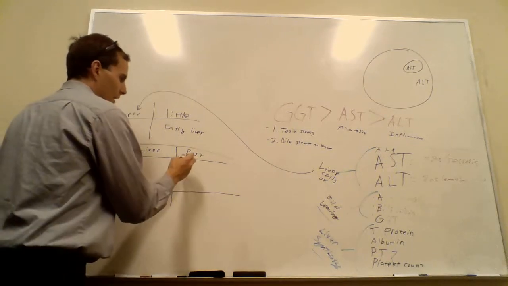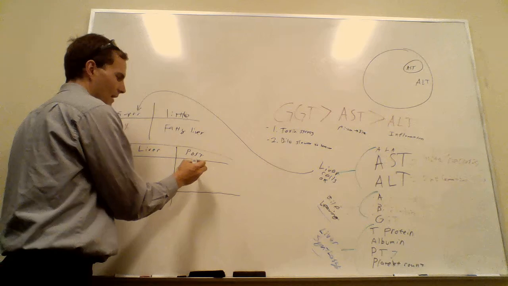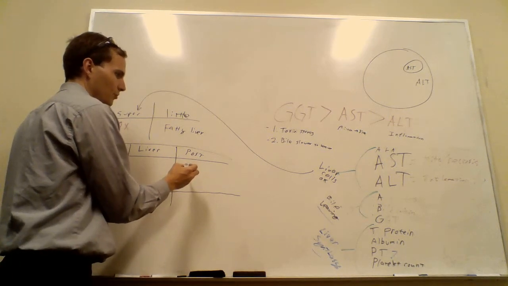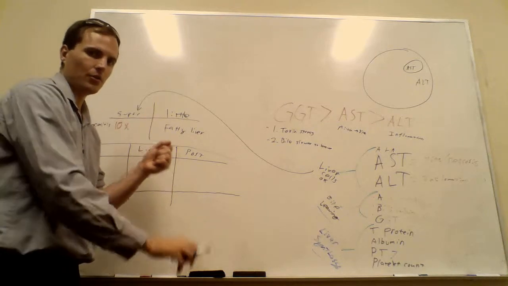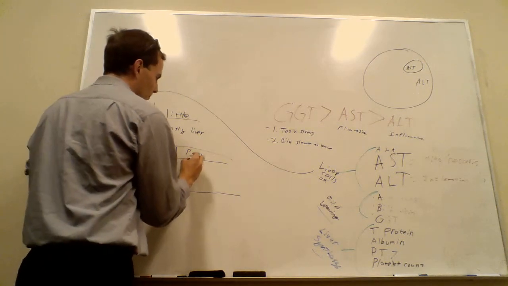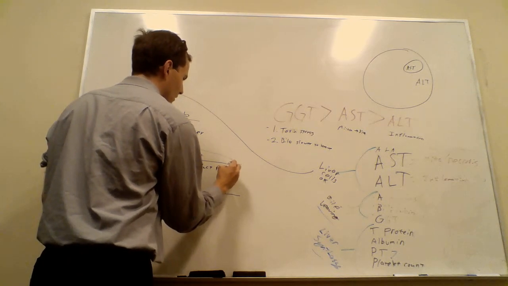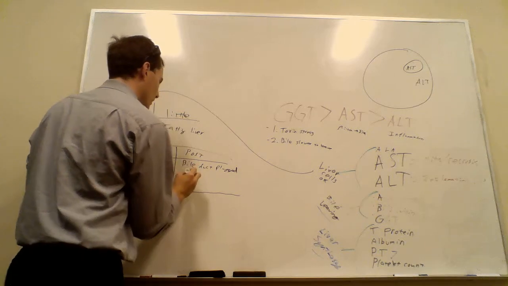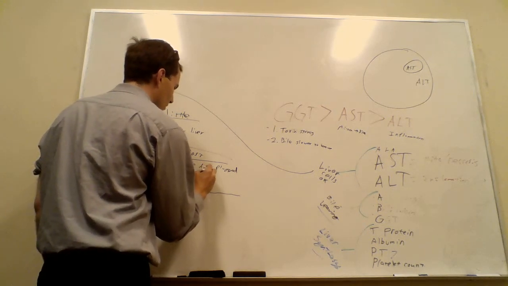So if those guys are high, then we are going to have post-hepatic issues, which means the garbage chute is plugged, and so it can't get out, so it goes back up into the blood. So this is going to be bile duct plugged, and examples of that are gallstone.